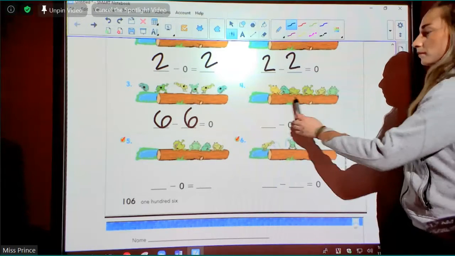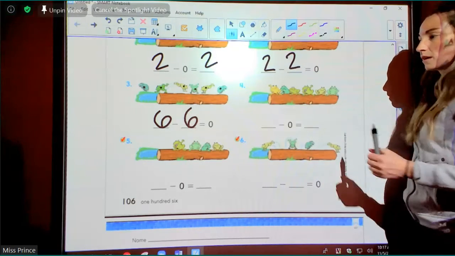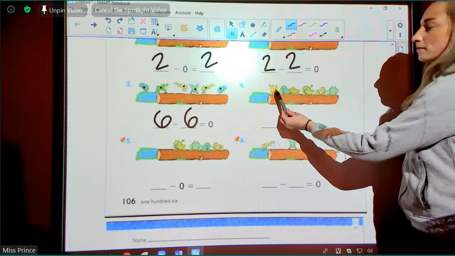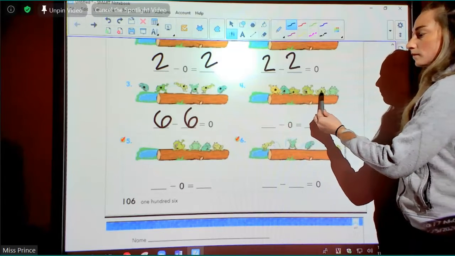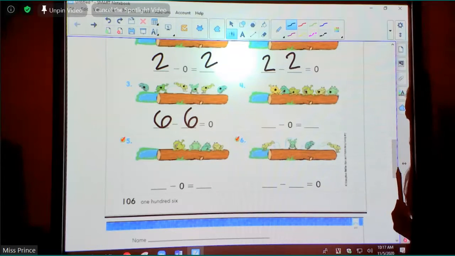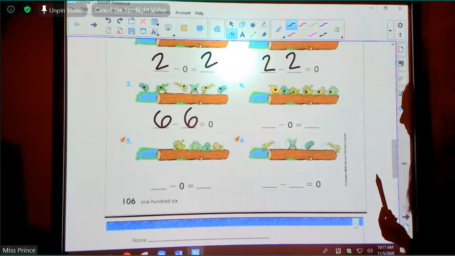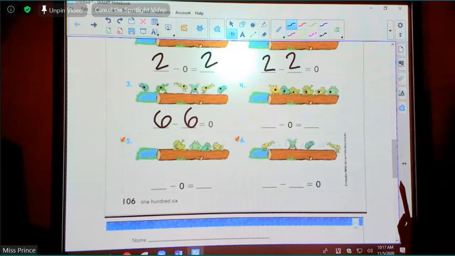Liam, you're doing this problem. Liam, what number are we starting with? Let me count really quick. Okay. Can I have you count one more time? 6.